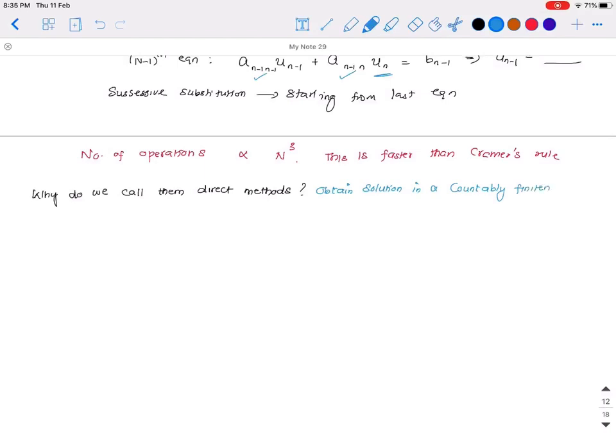Once you know the matrix size, you know how many operations you need to get the solution. They are called direct methods because we directly know the amount of work involved.